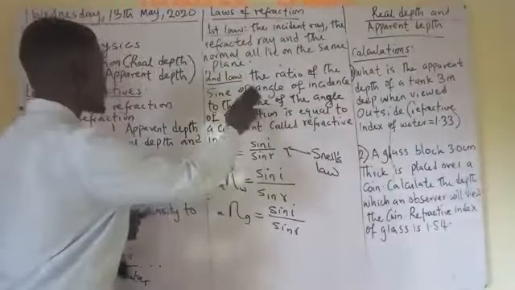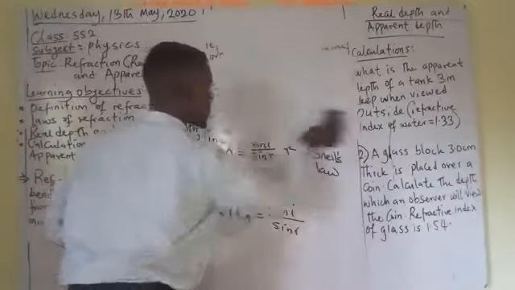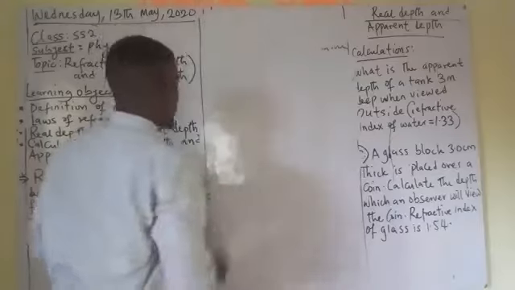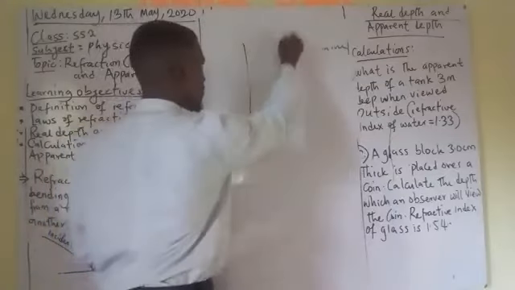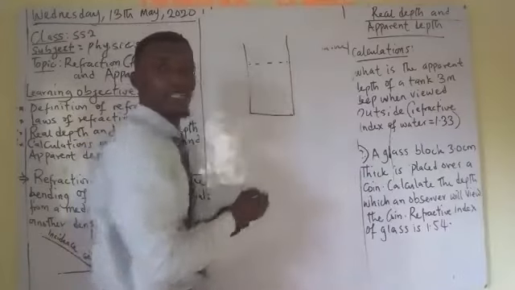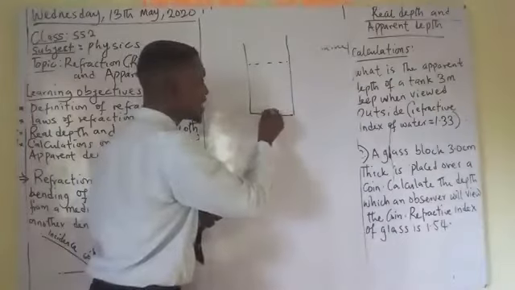Let's say you have something like this. You have a cylinder, and you have water in it, and then you place a coin inside it.